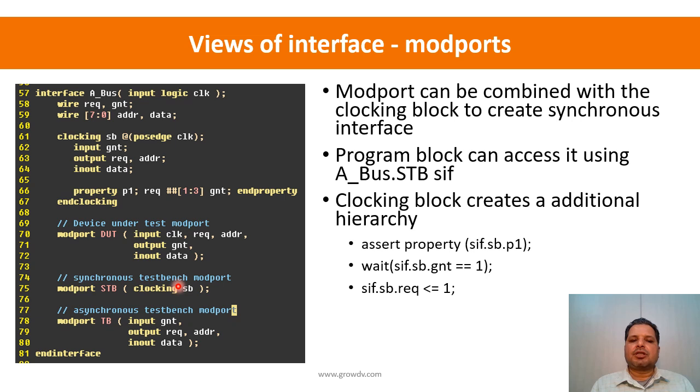Whereas if you use it with a clocking block, then the clocking block takes care of it. And then we have declared another asynchronous interface for the test bench, wherein whatever is the output from the DUT is now becoming the input, and input to the DUT is becoming the output from the test bench.